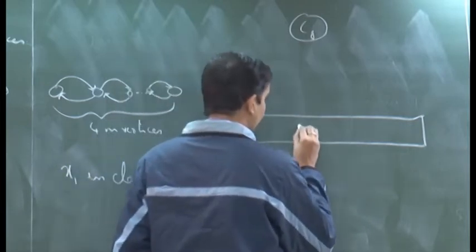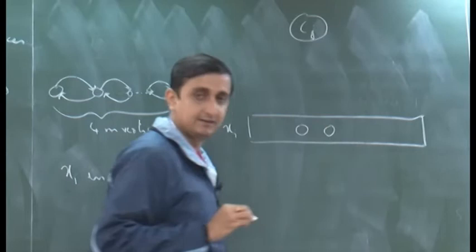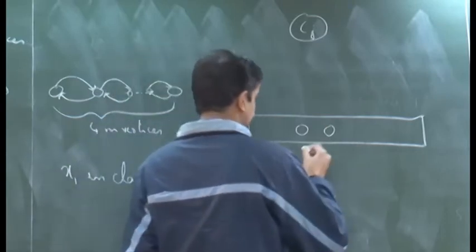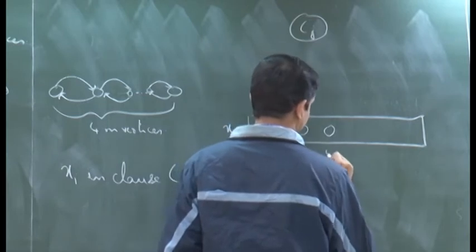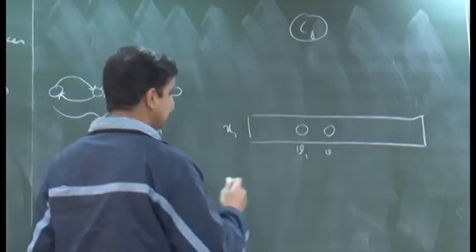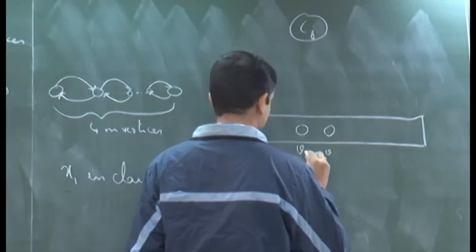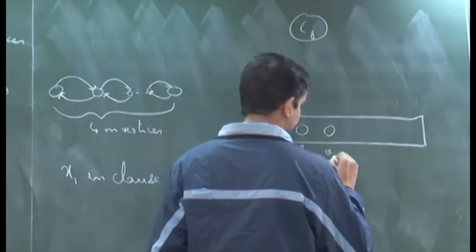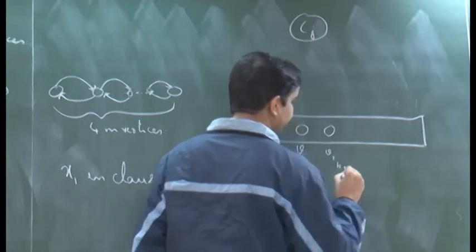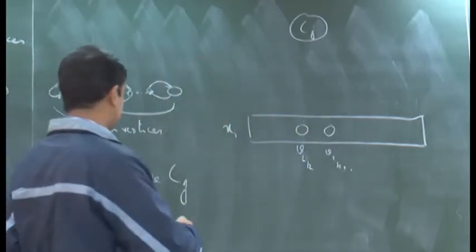I take two adjacent vertices in this chain. Let us call them V I k and V I k plus 1, and I connect them as follows.